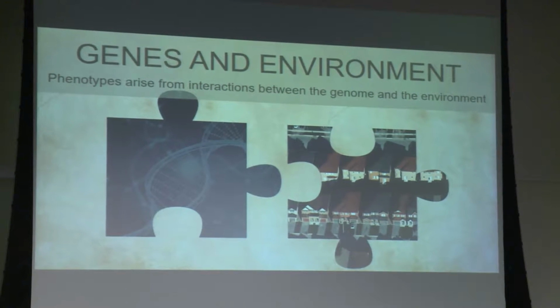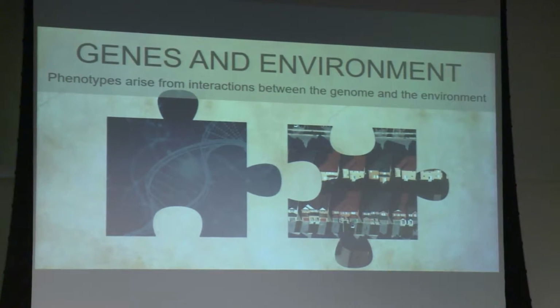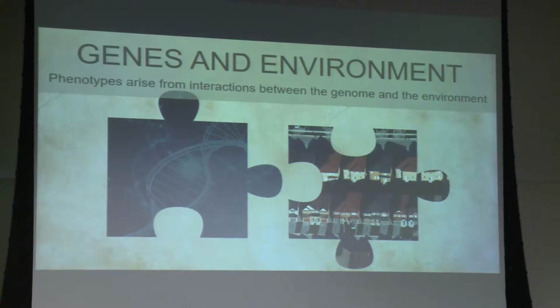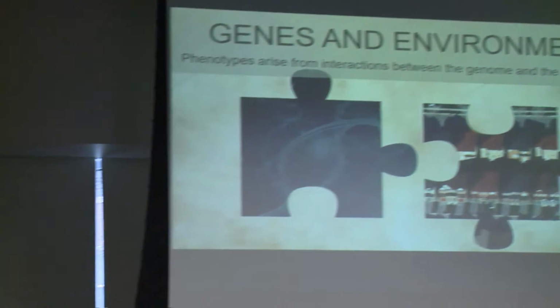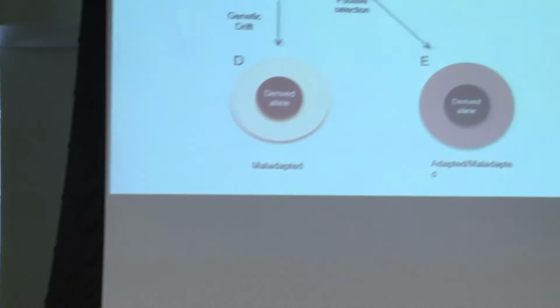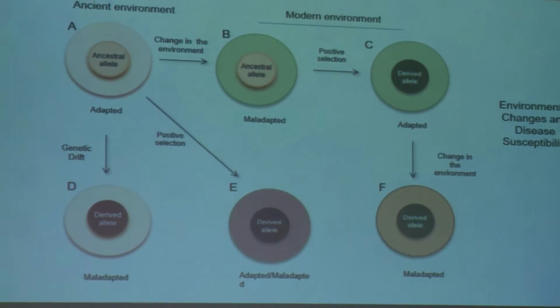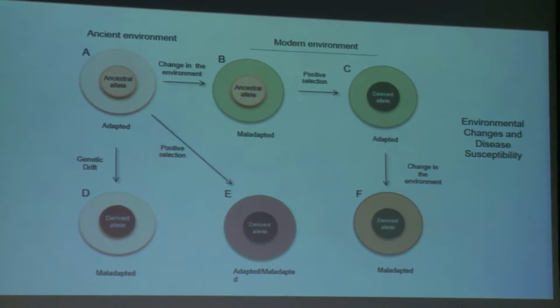But the environment exerts a very important influence. Not only is the environment a key determinant in our health and well-being, but it also plays an active role in natural selection. So in the natural selection equation, the environment is the selector. When living in environments that are conducive to our ancestral genomes, we are in a state which we call adapted.